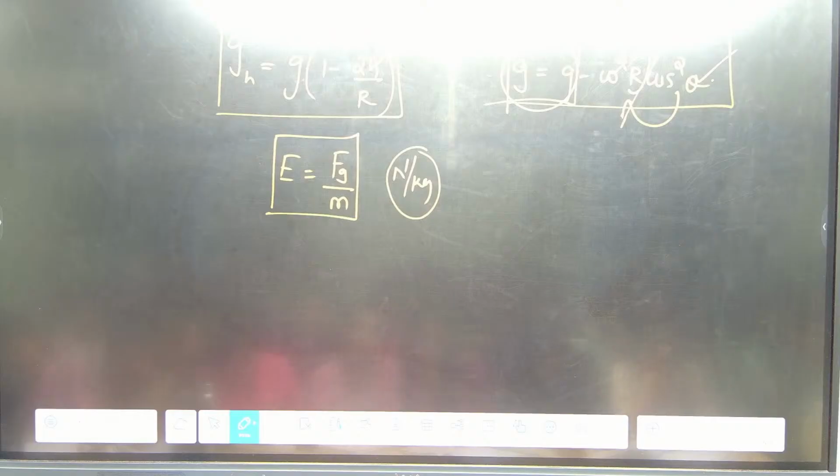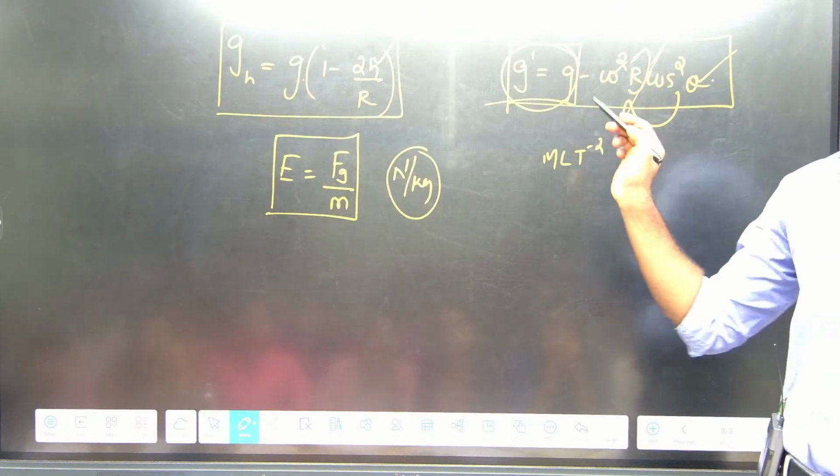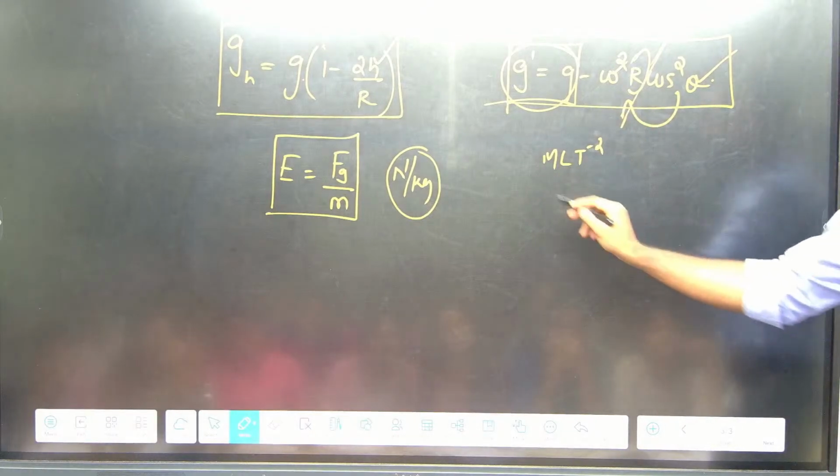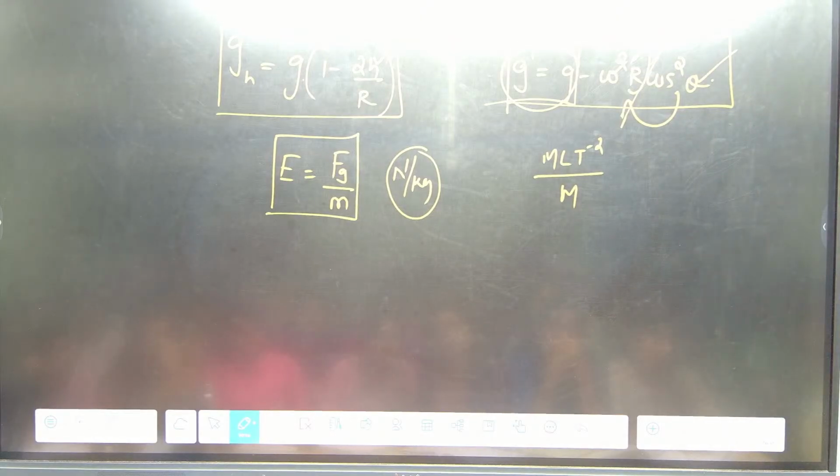So what is the dimensional formula? For force it is m l t power minus 2, divided by m again. The m cancels, so it is l t power minus 2.